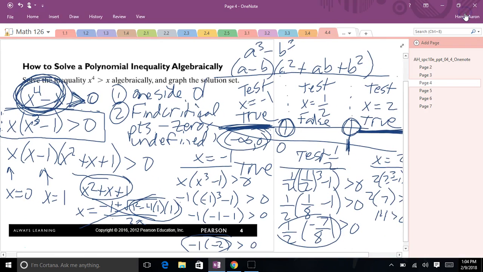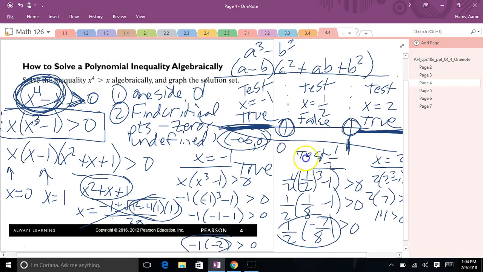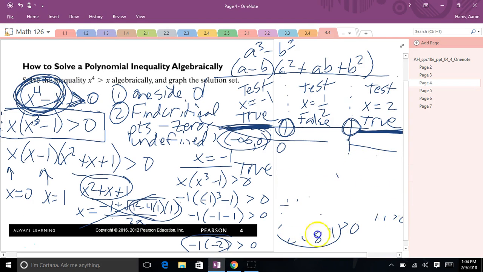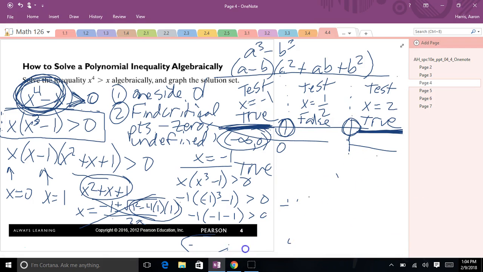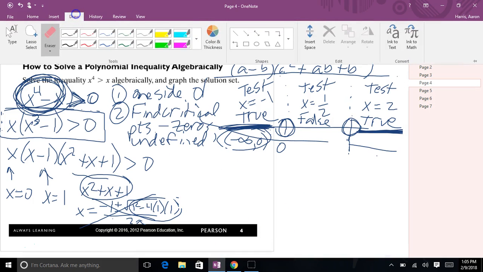So then we just write our solution. I'm out of room. Need a bigger area to write than this laptop. But that's what I got.